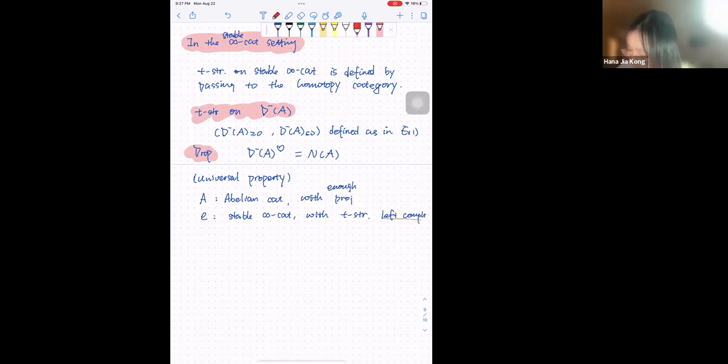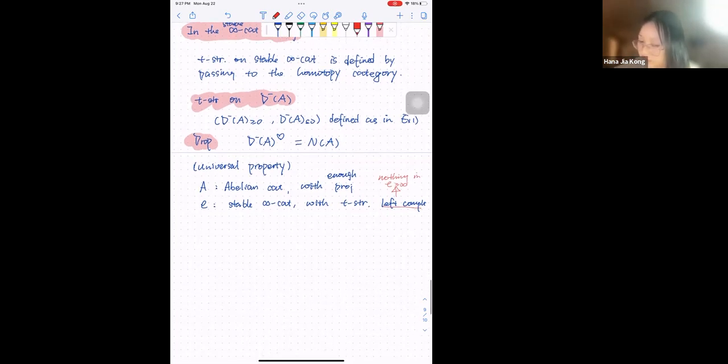This means there is nothing in C that is greater or equal to infinity, no infinitely positive object, or you only have the zero object there.